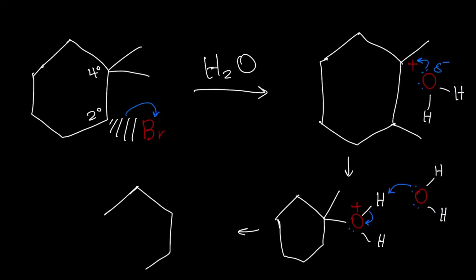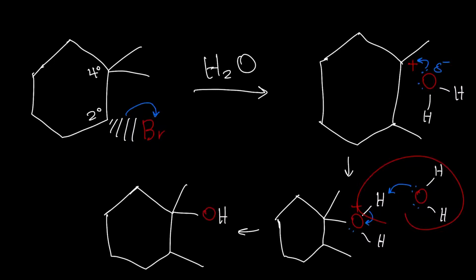So the result is going to be, I forgot the methyl group, so that's my bad. It's going to be an OH attached to that carbon, and then this right here is going to be an oxygen with 3 hydrogens attached to it.